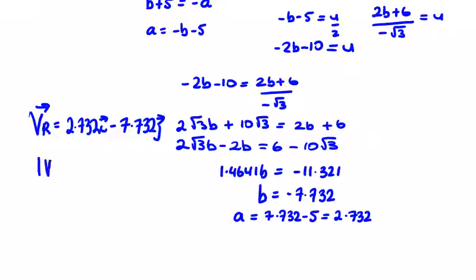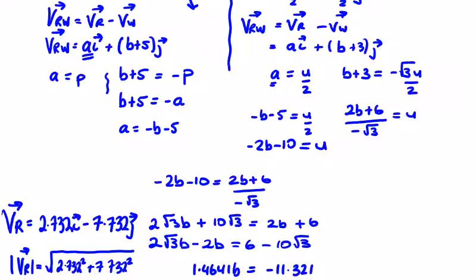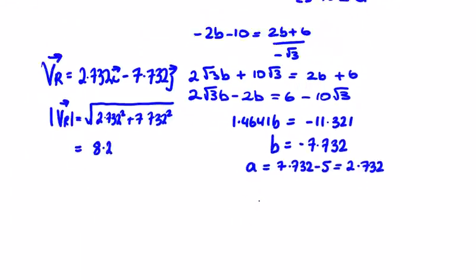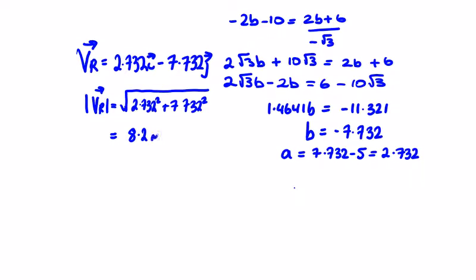The magnitude of the velocity of the rain is the square root of these two things squared and added together. This is going to give me 8.2. I presume we're dealing in meters per second here. I haven't looked. Meters per second, and the angle will be with the vertical.